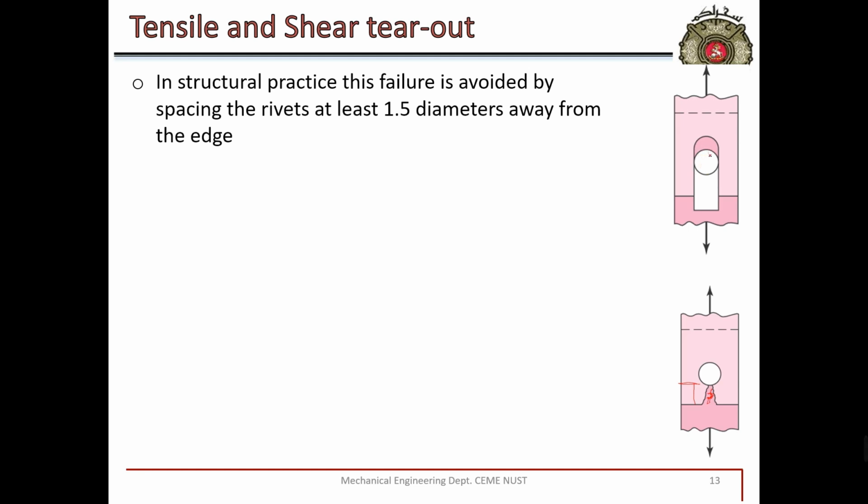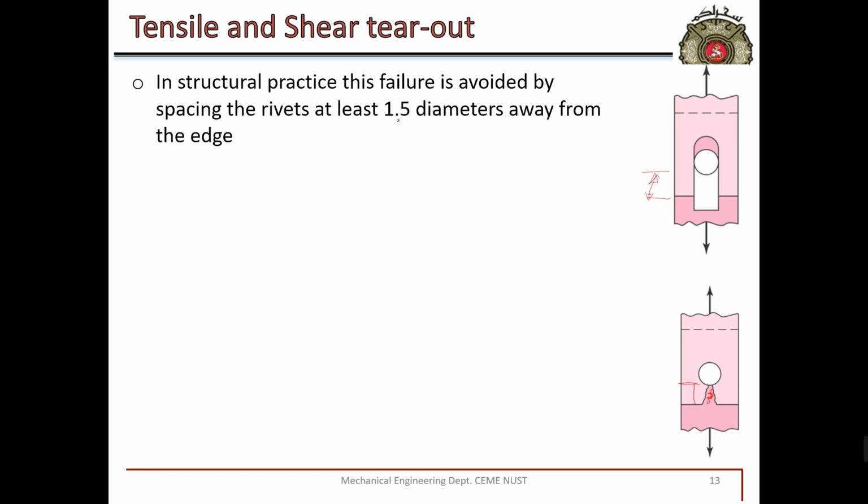The material can either shear or tear out. It is exactly like putting paper in a clipboard: if you apply force and the distance is small, the hole can be enlarged and the paper can tear. These failures can occur because there is a very small distance from the boundary.